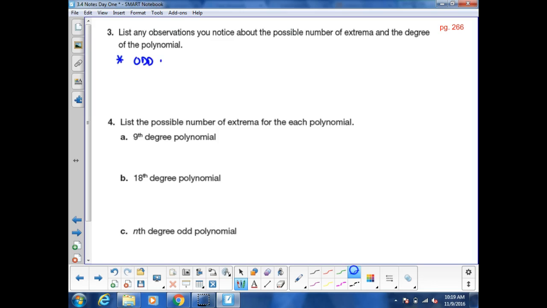Odd degree, no absolutes, because the function goes shooting off in opposite directions. I like that one. Other observations that we saw.